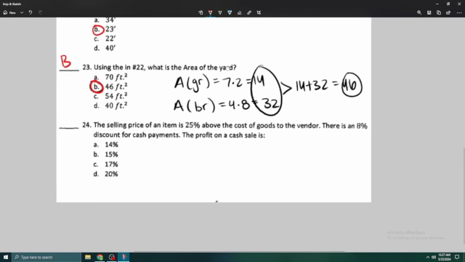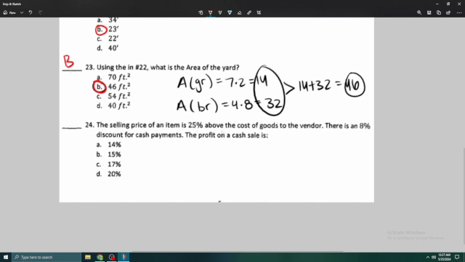The selling price of an item is 25% above the cost of goods to the vendor. There's an 8% discount for cash payments. I don't know what to think about this one. Oh, maybe it's not as hard as I thought.